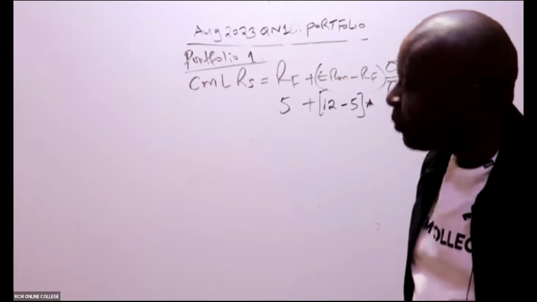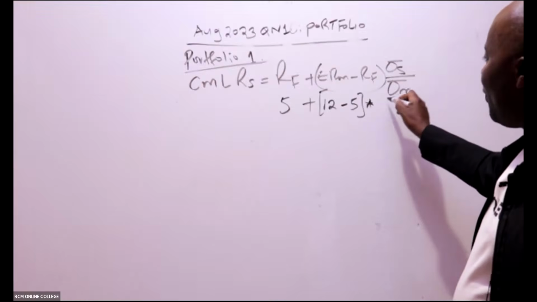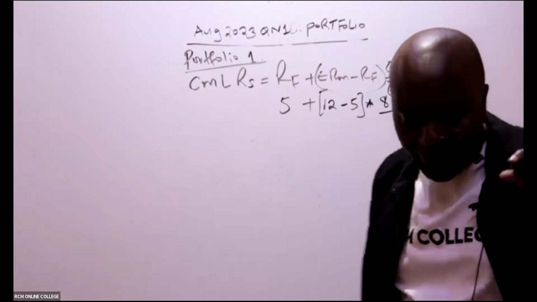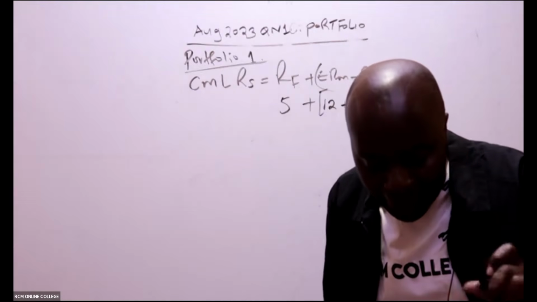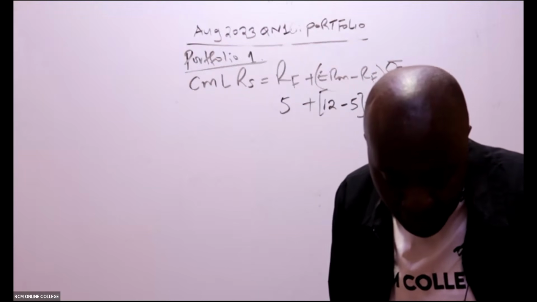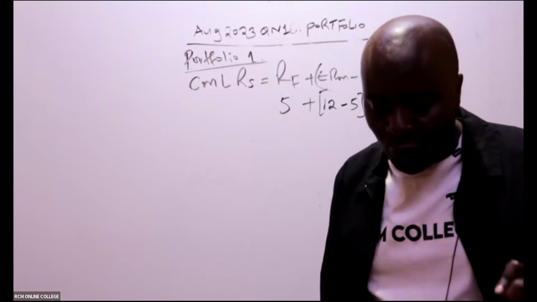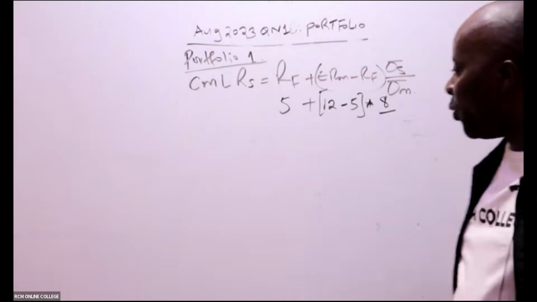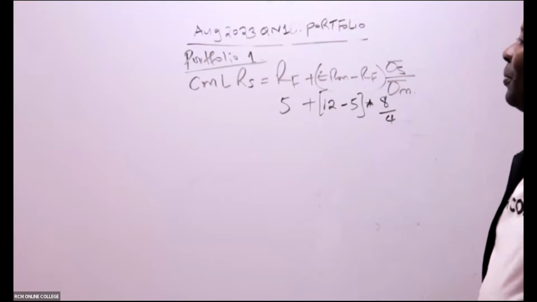It's given there. It is 8. So we have 8 divided by the standard deviation of the market, which is given here: the expected return of the market portfolio is 12% with an accompanying standard deviation of 4%, or 4, like that.